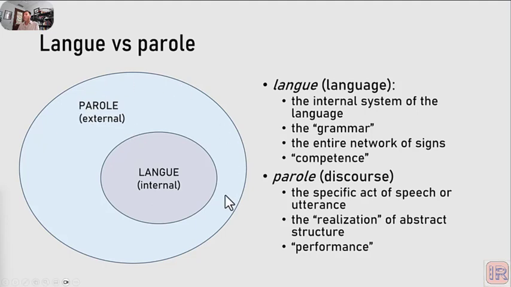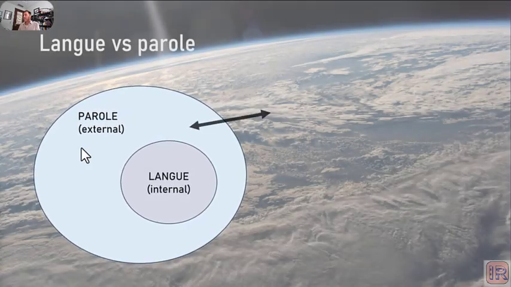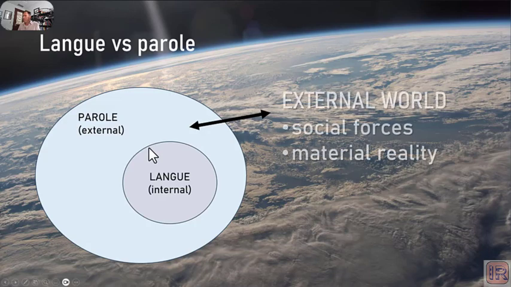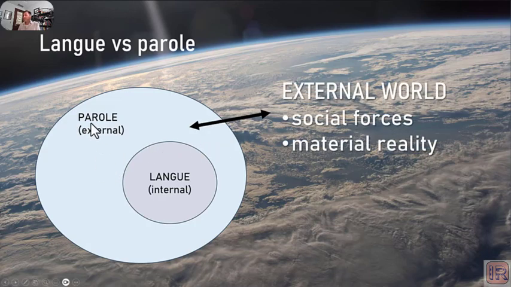And so parole is external and langue is internal. That is, it's internal to the language versus external, as this is where the language meets the world. And the world is both determinative and determined. It determines and is determined by the external and internal systems of language.